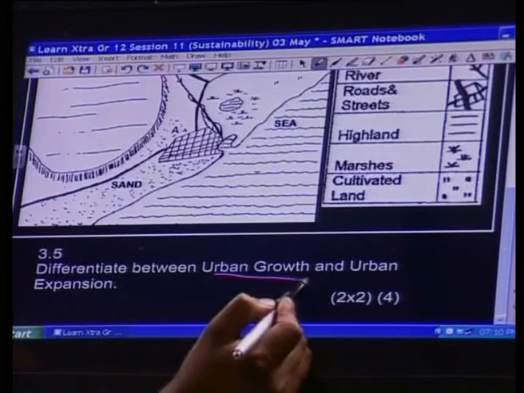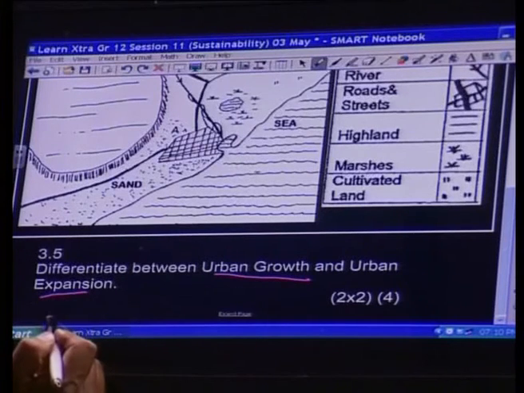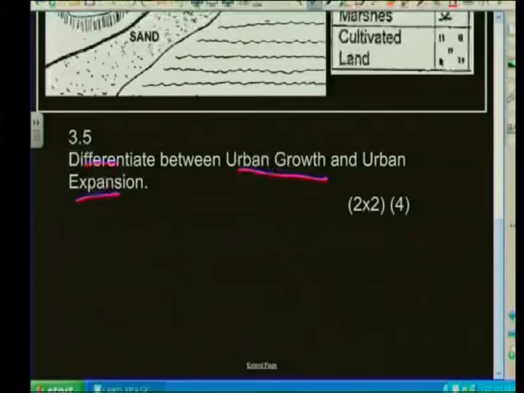Moving on to the next question. Differentiate between urban growth and urban expansion. And this question is frequently asked in your matric exam, where you must be able to understand the terminology as well as the concept and be able to differentiate or compare. In this particular question, differentiate or tell the difference between urban growth and urban expansion.